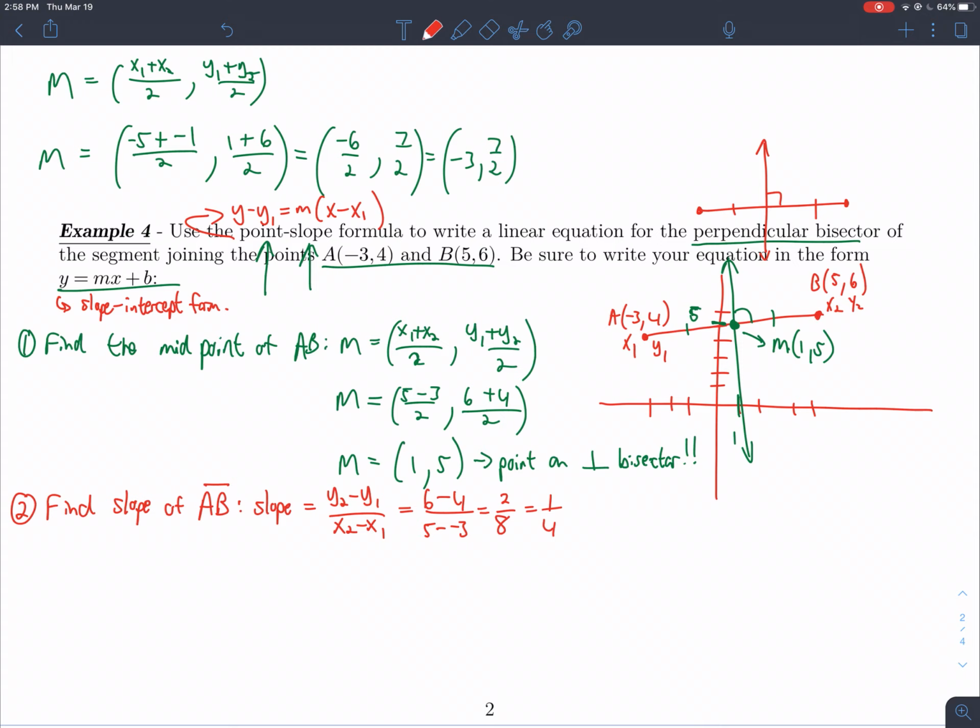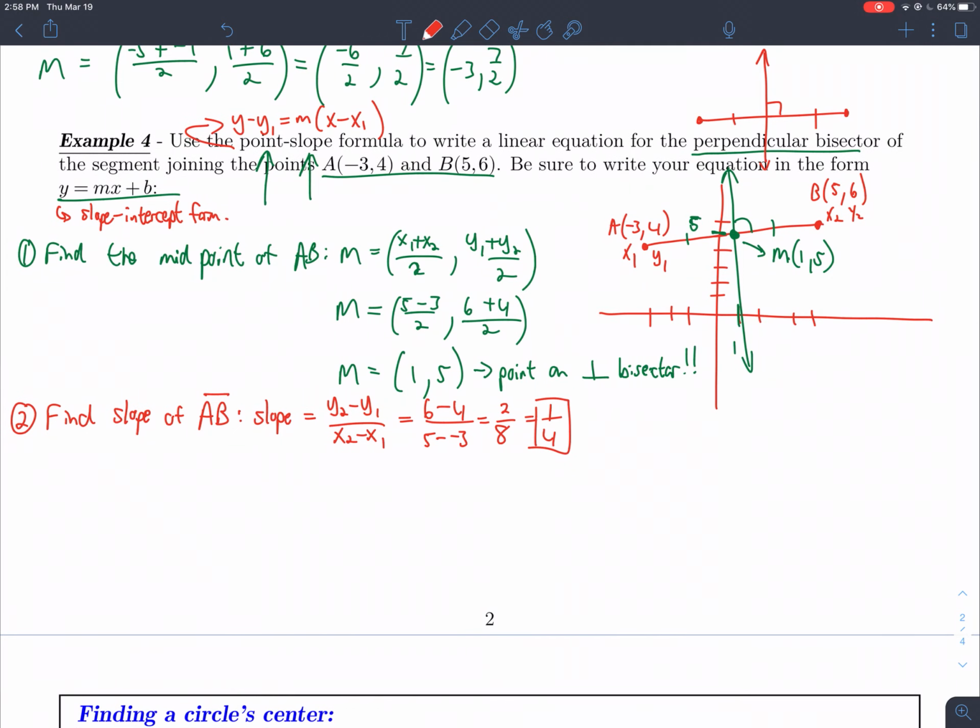Now, if you could do 2 over 8 straight from counting, you can say from here I go up 2 units, and then I go over 8 units. So you could have done that a different way. Any case, so there I have my rise over run, but that's not the slope of the perpendicular bisector. That's the slope of this segment. This slope is 1 over 4.